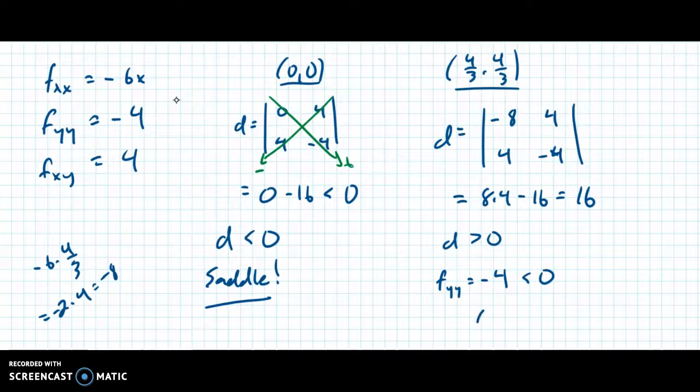And I always like to draw concave down, right? So hopefully you know the therefore sign. Therefore, we get a max. So this multivariable function has a saddle at (0, 0) and a max at (4/3, 4/3).